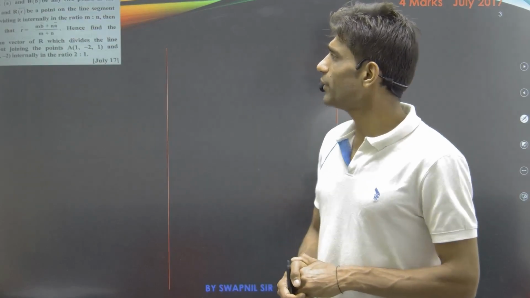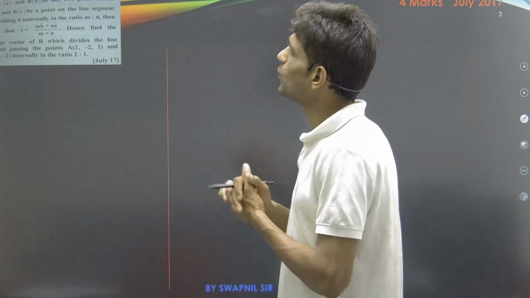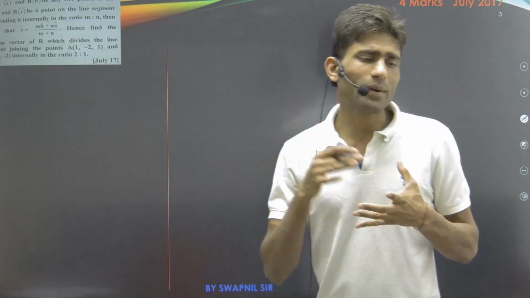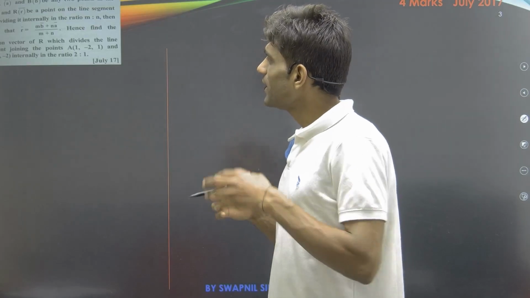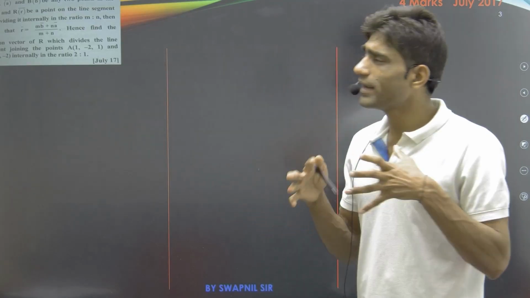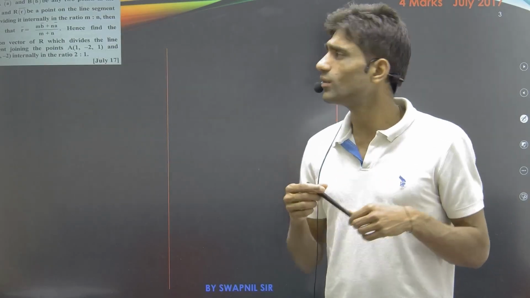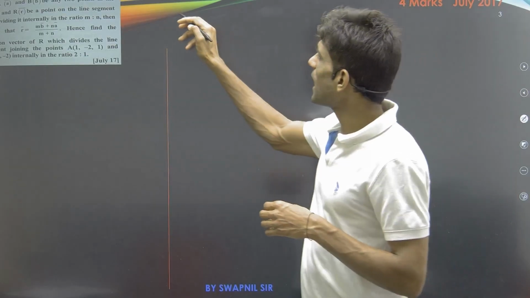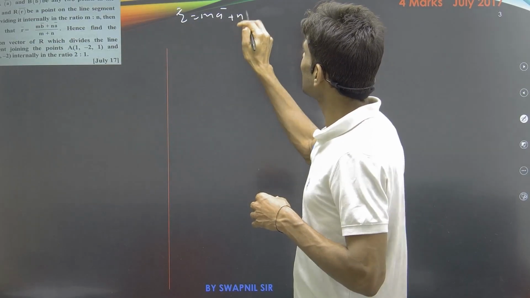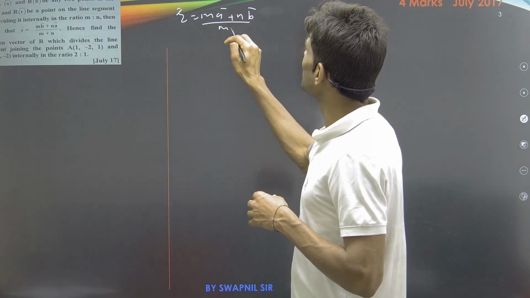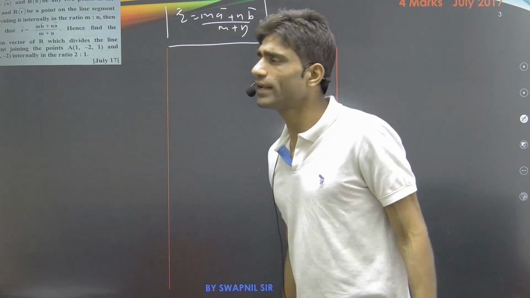The statement says that if A of a bar and B of b bar are any two points in space and R of r bar is a third point on line segment AB dividing it internally in the ratio m to n, then we have to prove that r bar equals (m times a bar plus n times b bar) upon (m plus n). This is the section formula for internal division.